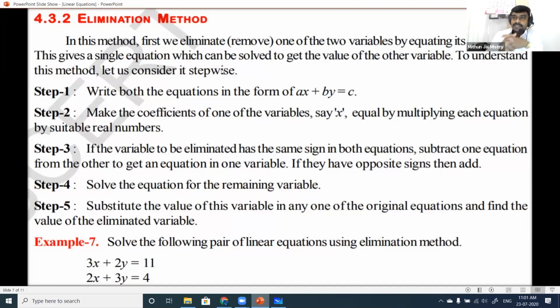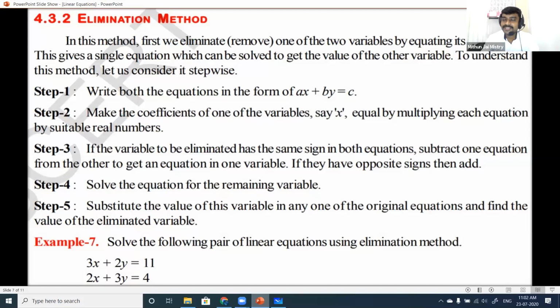So, elimination method. I think you're very familiar with the word elimination. You know where we hear this word? We hear this word in some reality shows, which are presently not running because of Big Boss. Big Boss reality shows.